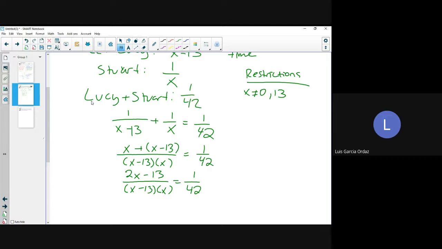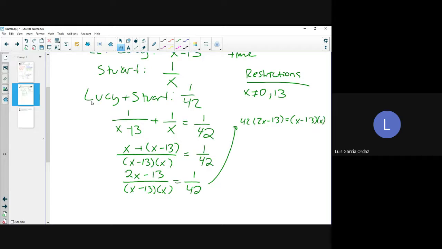So we get 2x minus 13 over x minus 13 times x equal to 1 over 42. And now all we're going to do is cross multiply. So we get 42 times 2x minus 13 is equal to x minus 13 times x.